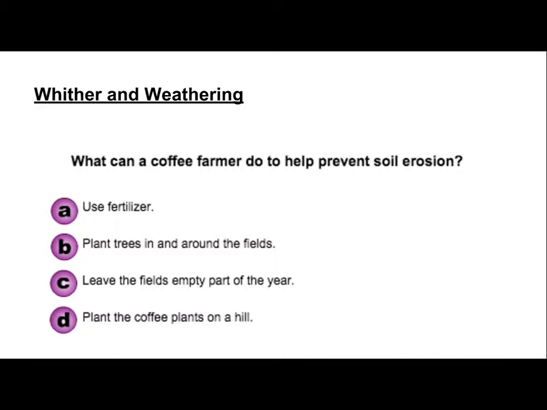Miracle. Najee. No. It's his turn now. You took too long. I got B. What's B? Plant trees in and around the fields. That is correct, Najee.